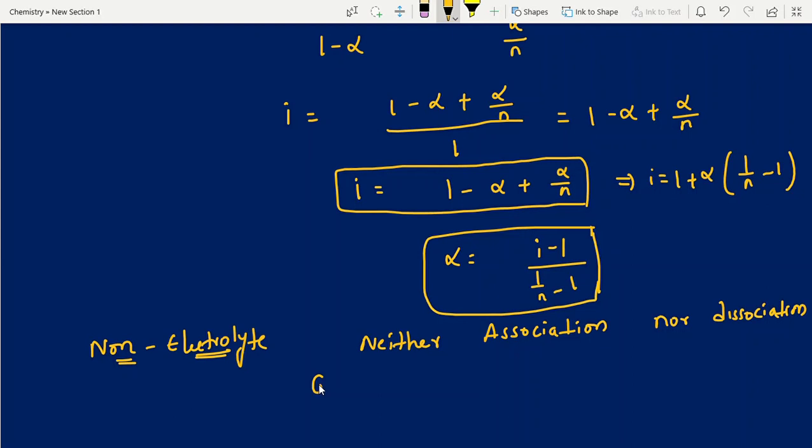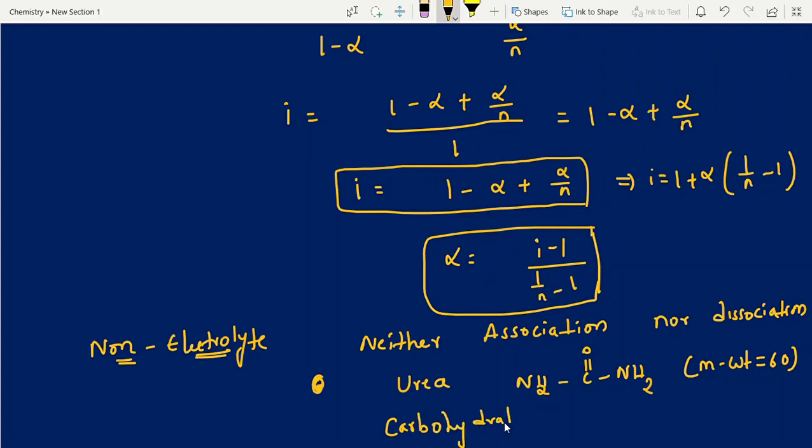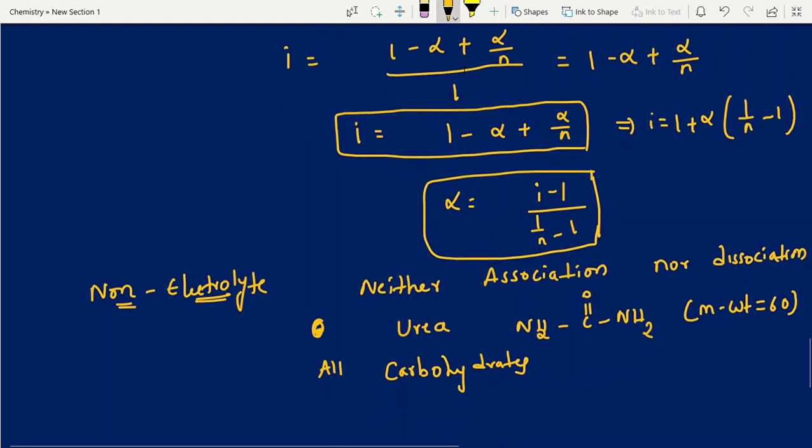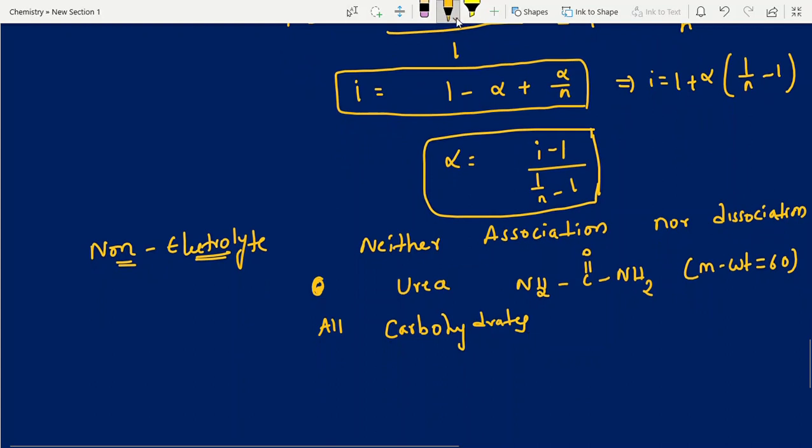Example, simple way you can remember: urea. Urea is the first synthesized organic compound, NH2 C double bond O NH2, molecular weight 60. Next, easily you can remember all carbohydrates, frequently asked examples I am writing here.